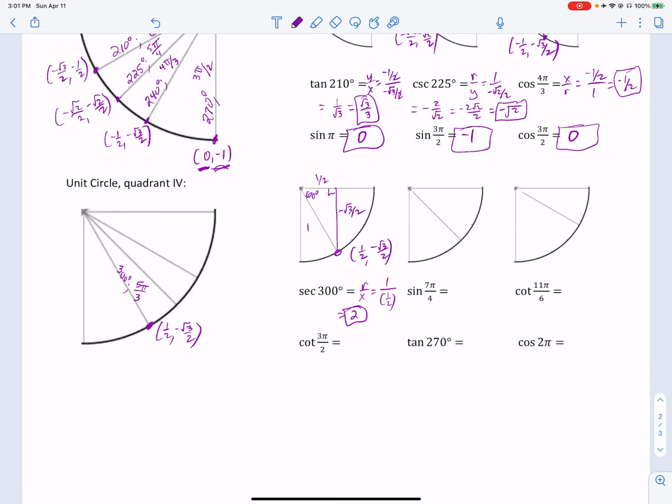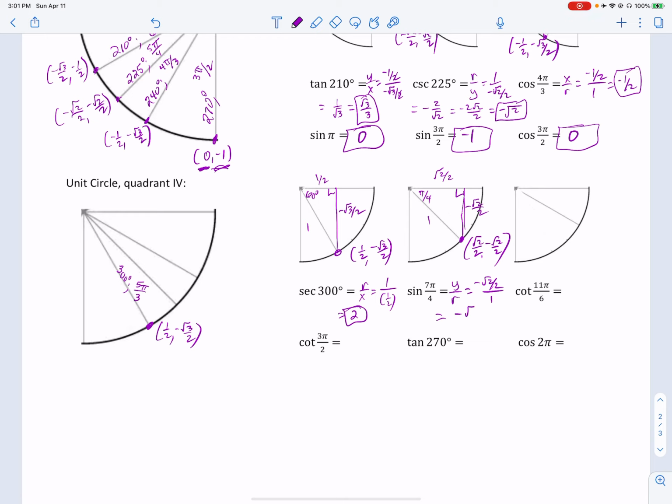For 7 pi fourths, you are pi fourths short of a full rotation. Your reference angle would be pi fourths. The legs are going to be root 2 over 2 and negative root 2 over 2. As you go down, hypotenuse of 1, the ordered pair is right root 2 over 2, down negative root 2 over 2. And the sine is just your y coordinate there. Of course, it's y over r, which is negative root 2 over 2, but the radius is 1.